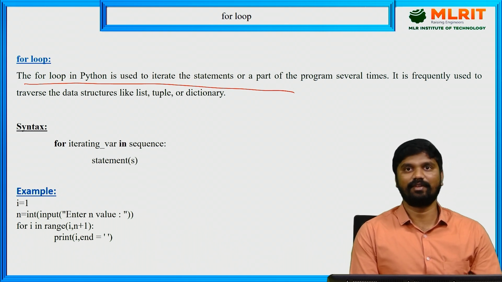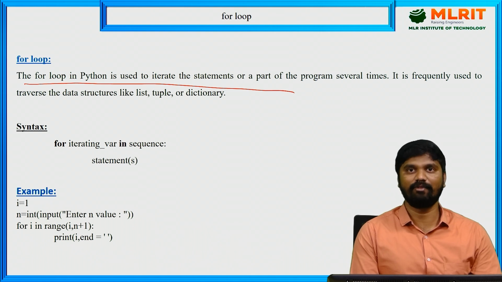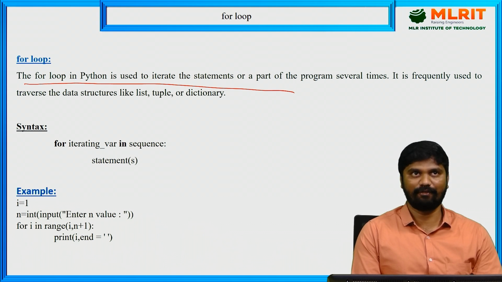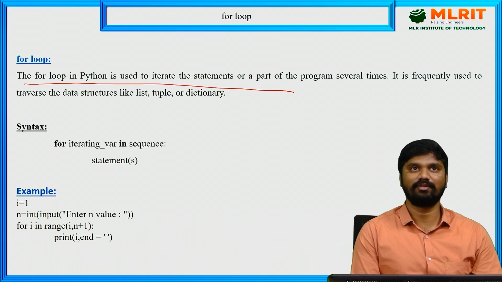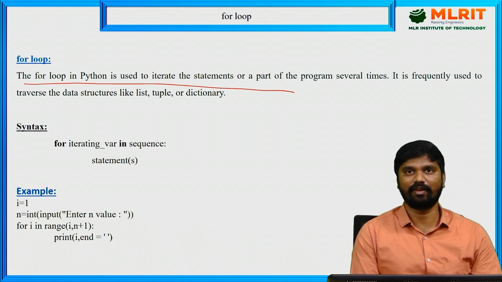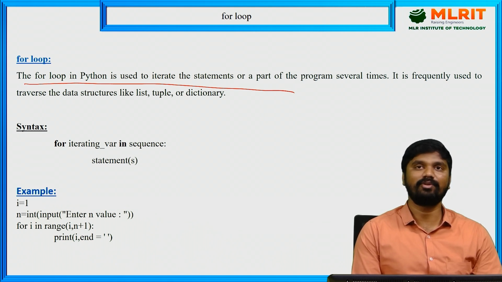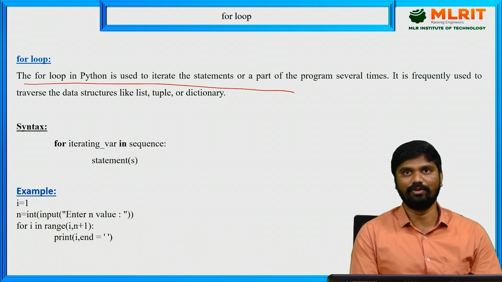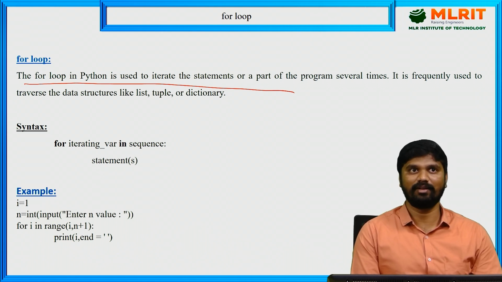What is the difference, or when do we choose the while loop and when the for loop? Whenever you know the number of iterations in advance, at that time you can use the for loop. Whenever you don't know the number of iterations in advance, at that time you can use the while loop.